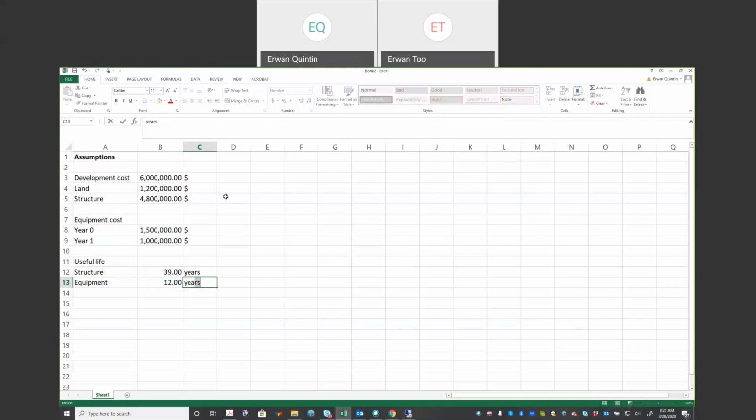So 39 years for a manufacturing facility is the typical schedule according to the IRS. Typical real estate depreciates at a faster rate according to the IRS, but for manufacturing, 39 years is the normal number. In addition, the standard assumption is that depreciation is going to be linear. In other words, every year I'm going to get, in terms of a depreciation deduction, 4.8 million divided by 39. We'll come back to that in a moment.